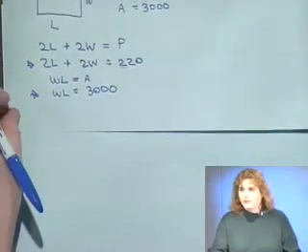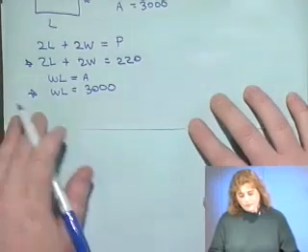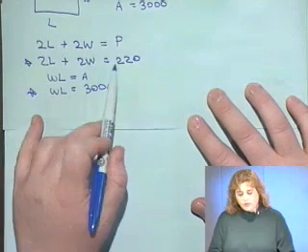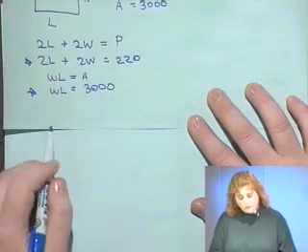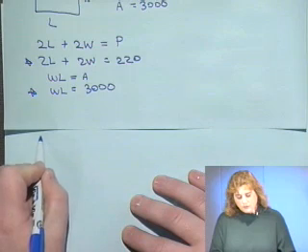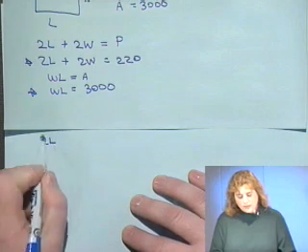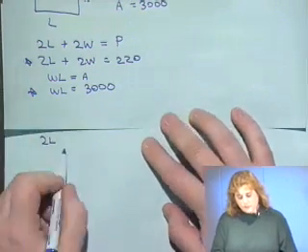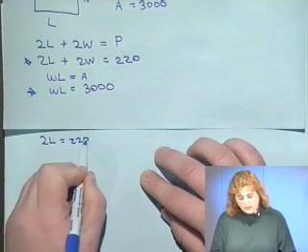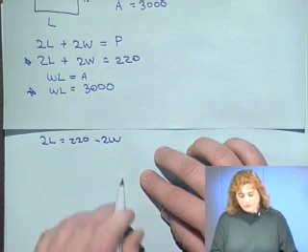Let me slide this up a little bit. I'm going to choose to rearrange the equation for perimeter, and let's just say solve for L in terms of W. So I'll write 2L equals 220 minus 2W.